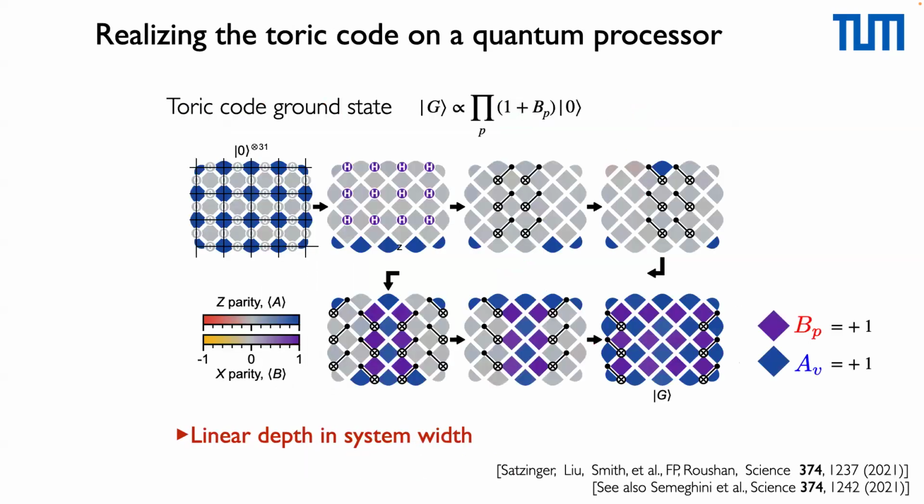So now we can come to the first task, right? We have a very well-defined state, namely the equal superposition of all loop coverings. Let us assume we have access to a quantum computer that can do certain elementary operations, and how can we then prepare the state in an efficient way?